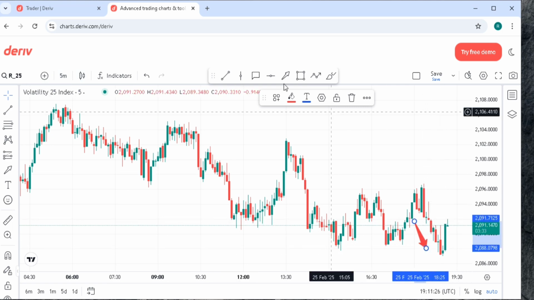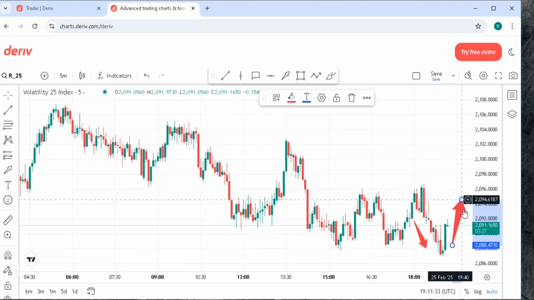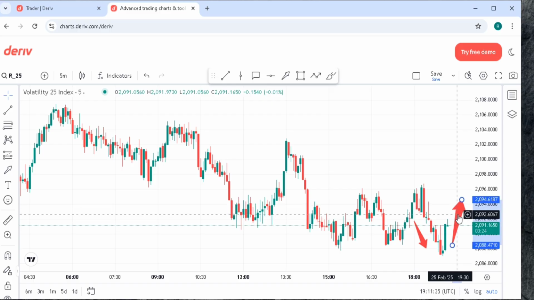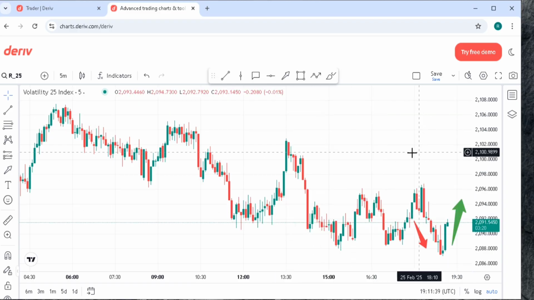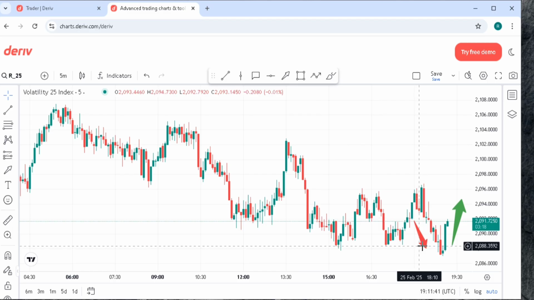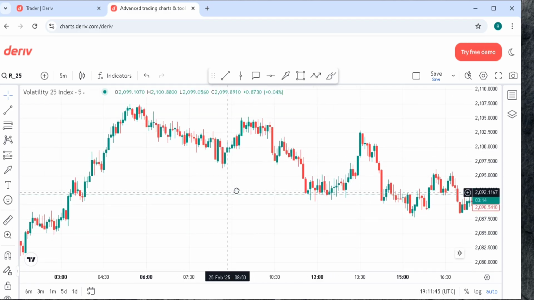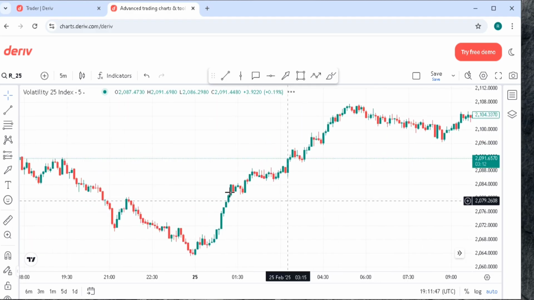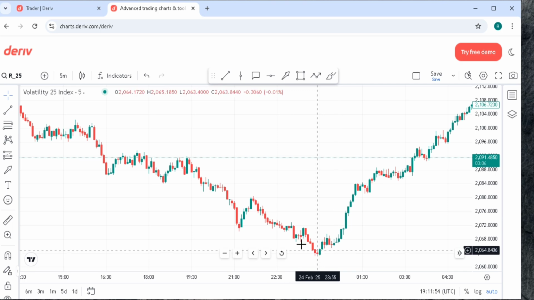This one is a downtrend here, so we expect that this market is reversing, so it's going to be an uptrend. Okay, so this one is a morning star candle pattern, which is very common. This one here is also a morning star.